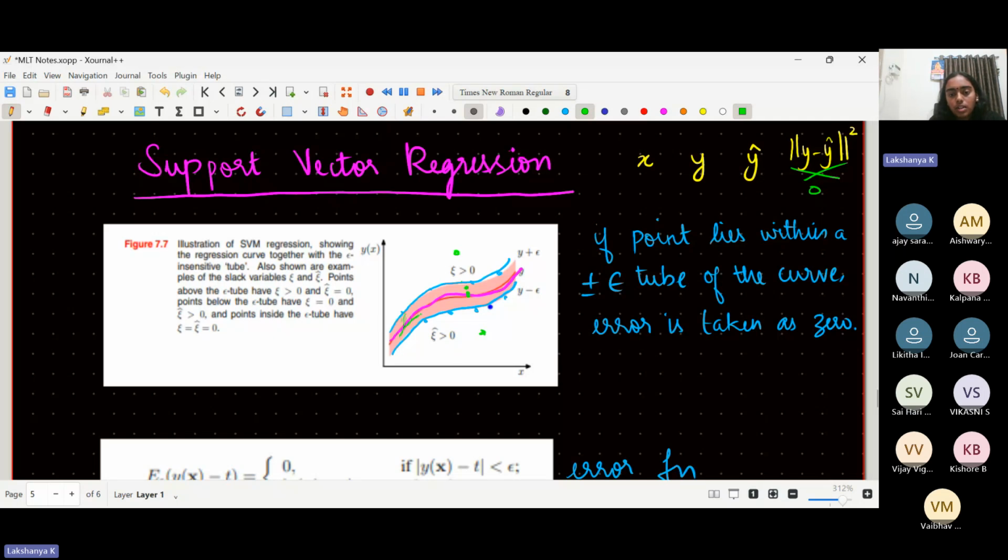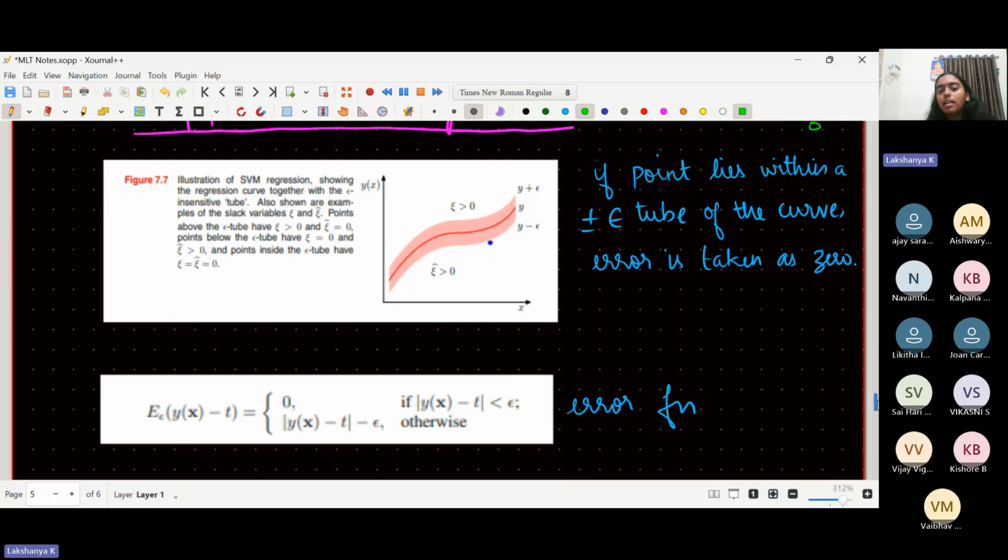So this is my original line, but I'm giving you this much space on either side of the line. You are allowed to predict wrongly within this much distance on either side without being penalized. Only if your prediction exceeds that boundary, I will give you a loss function and you will have to modify your weights. That's what we are saying.